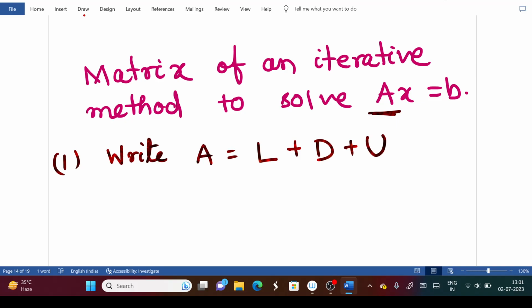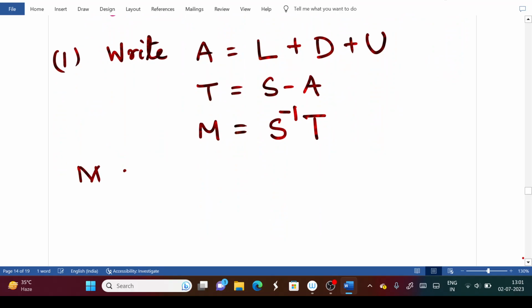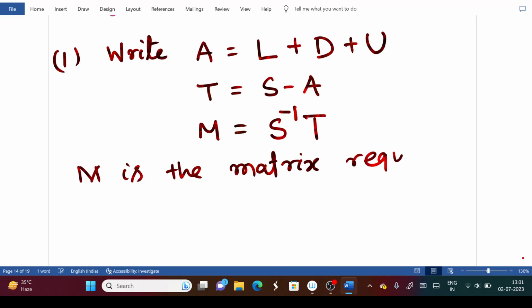Then find T is equal to S minus A and find M, that is equal to S inverse T. Here M is the matrix required for the given method.